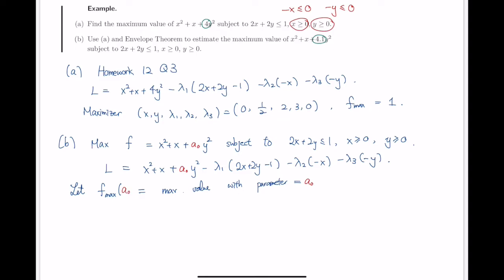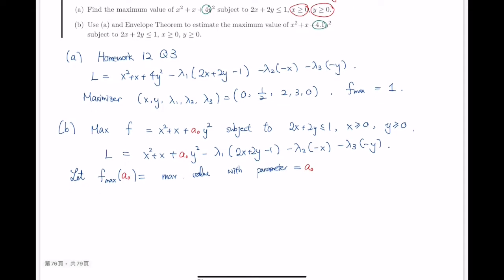Okay, so then how do we estimate the new maximum value? We want to, by linearization, estimate f max when a0 equals 4.1.